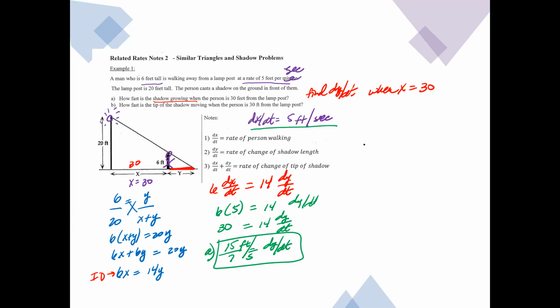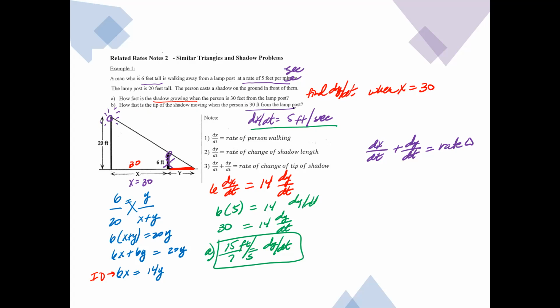Okay, then we're going to look for B. For B, it's asked that dx over dt plus dy over dt is equal to the rate of change of the tip of the shadow. It says, how fast is the tip of the shadow moving when the person is 30 feet away from the lamppost?